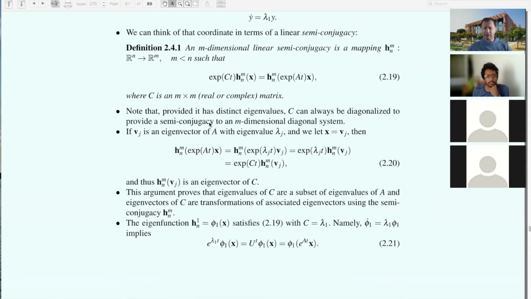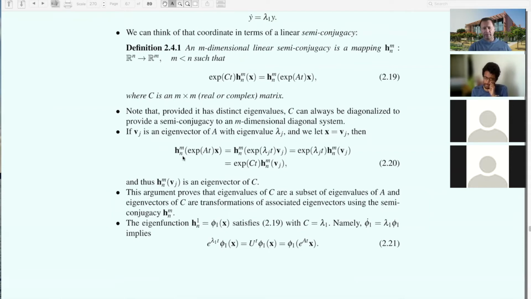So let's talk about eigenvalues and eigenvectors. If Vj is an eigenvector of A with eigenvalue lambda j, then let X be Vj, and let's plug it into this.